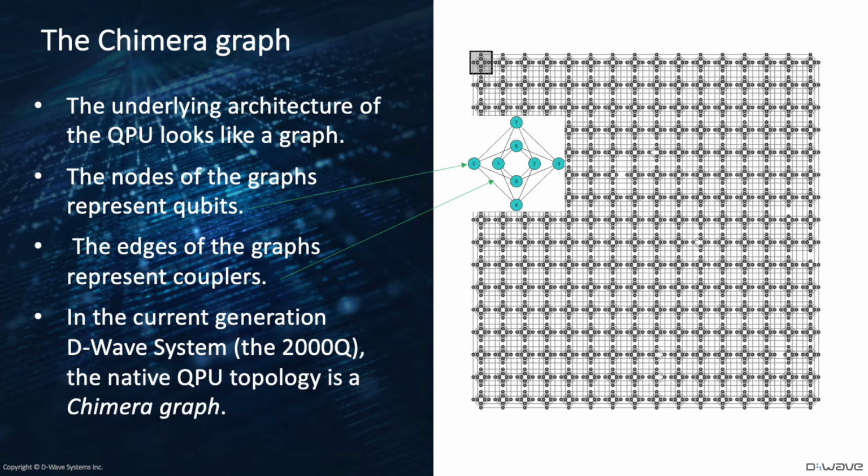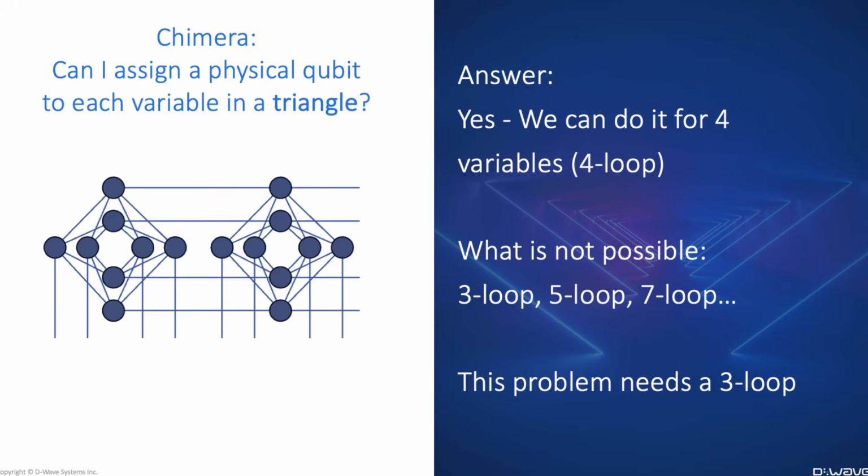But now we want to ask a question. And the question is, can I assign a physical qubit to each variable in a triangle on the Chimera structure? In other words, could I embed a triangle onto the shape that is drawn here?